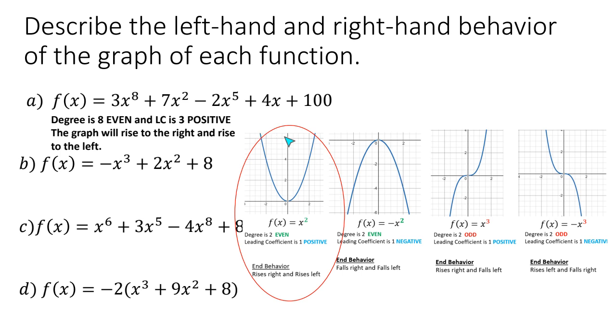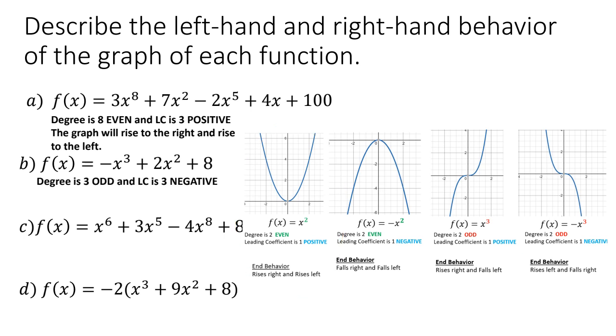So it's going to have this behavior that we see for the parent function x squared. Okay, let's try another one. So here my degree is 3, which is odd. That means my behavior is like this one or this one. And then the number in front of it is negative. So that means that I'm going to be using the same behavior. So my answer would be the graph will rise left and fall right.